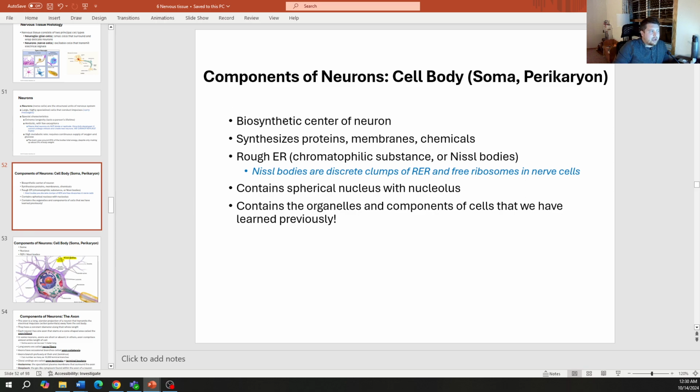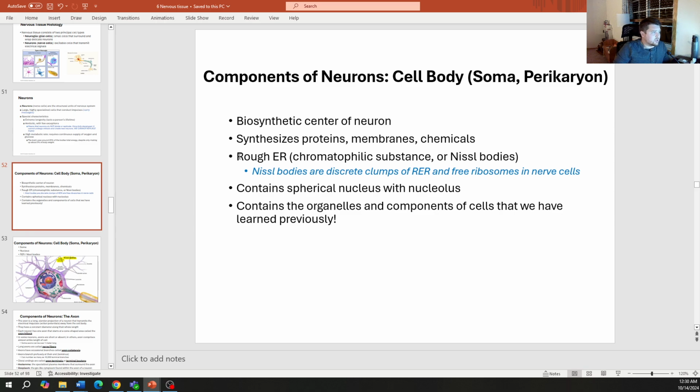This is the biosynthetic center of the neuron. So this is what we determine as the center of the neuron, kind of like the main portion of the neuron. This is where all of our stuff is produced, where the proteins are made, the membranes are produced and maintained, where the chemical messengers are made as well.